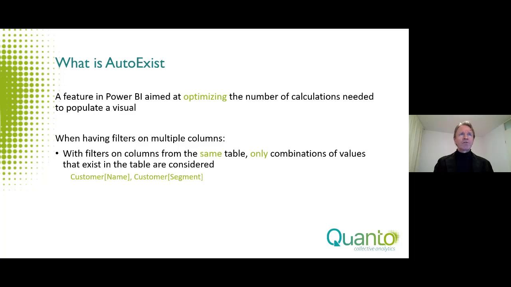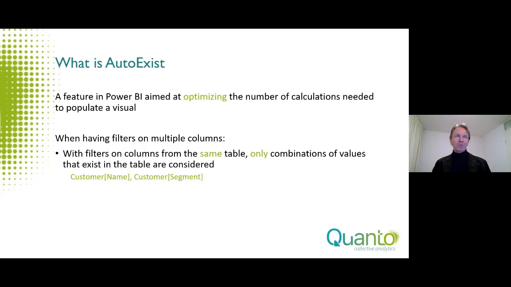Now, if you have filters on multiple columns and you use multiple columns in your visual, then AutoExist says that as long as these filters are on columns in the same table, Power BI will only evaluate combinations of values that can be found in that table together.